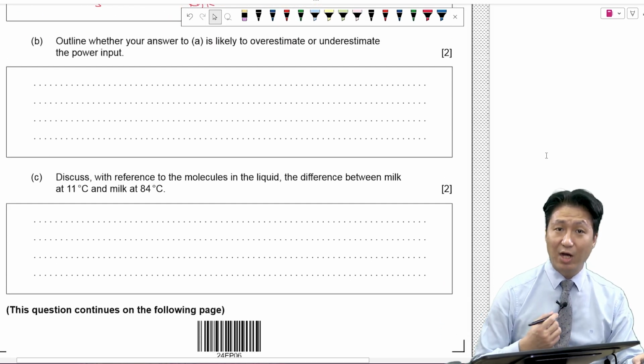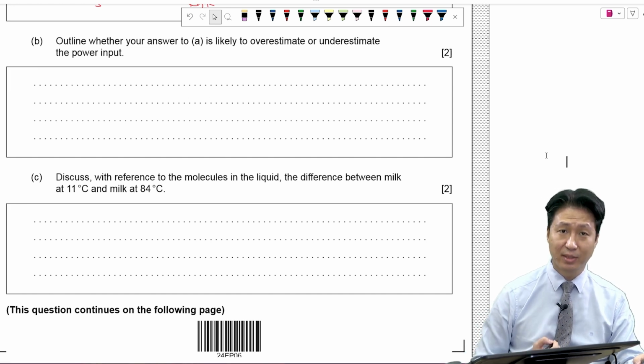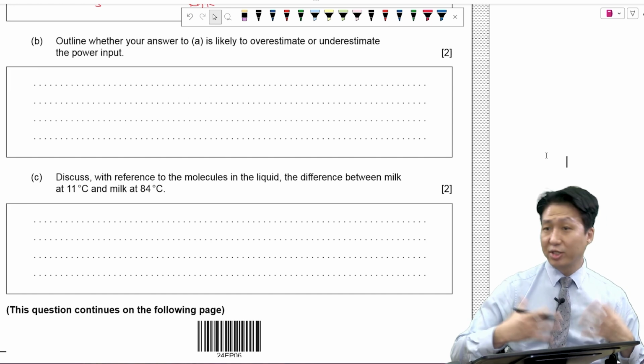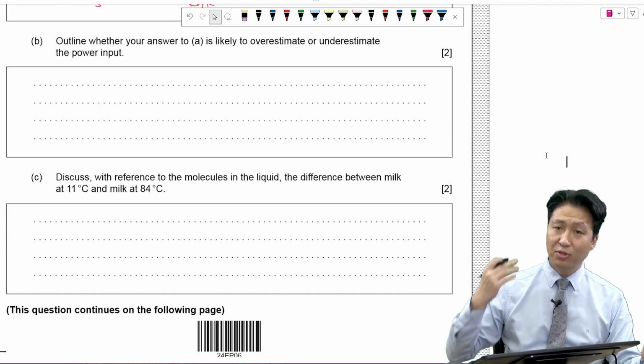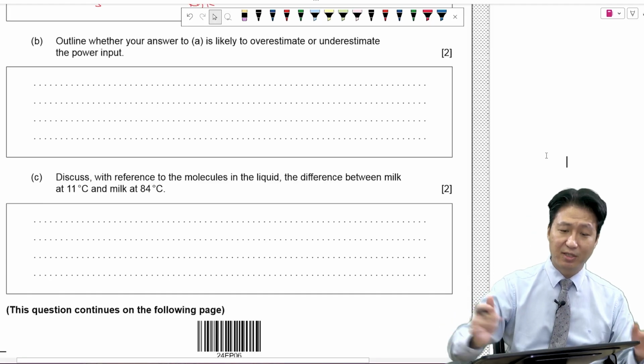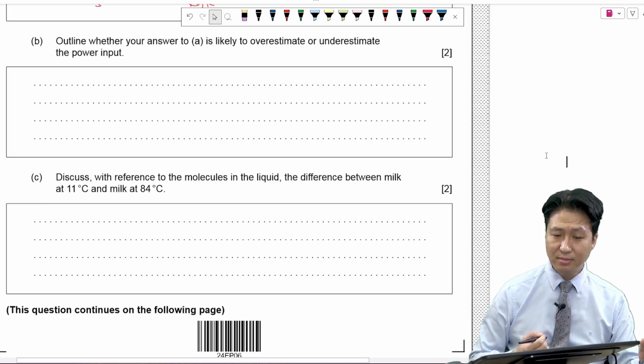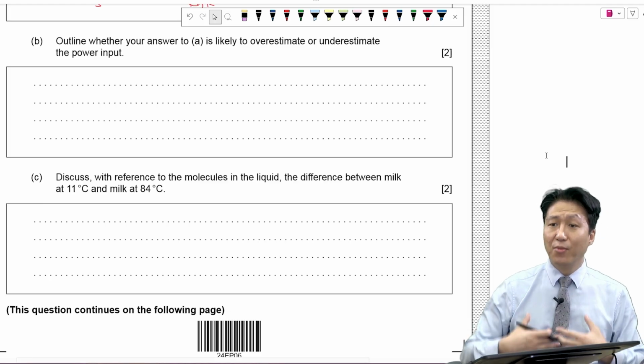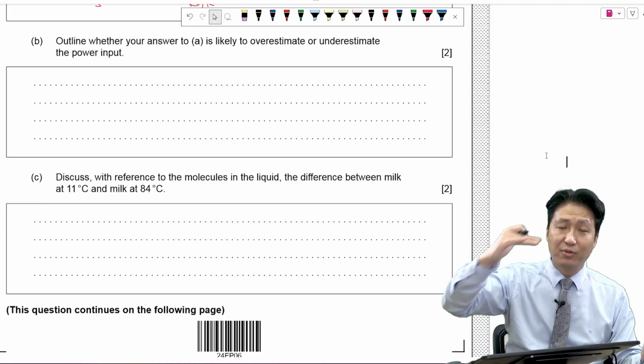Part B, outline whether your answer to A is likely an overestimate or underestimate to the power output. So what does this mean? In reality, if you use this amount of energy, some of this energy is going to leave because of thermal energy transfer. So you will actually need more energy to get it up to 84 degrees Celsius.